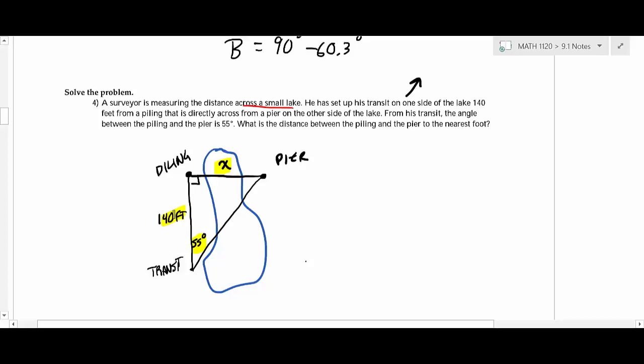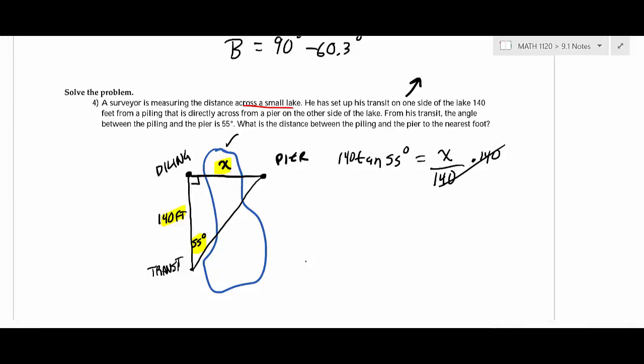So what am I going to use? Sine, cosine, or tangent? What do you think? Tangent, exactly. So we're going to do the tangent of 55 degrees is equal to opposite, which is x, over the adjacent 140. Then we just solve this equation. So you can multiply both sides by 140.